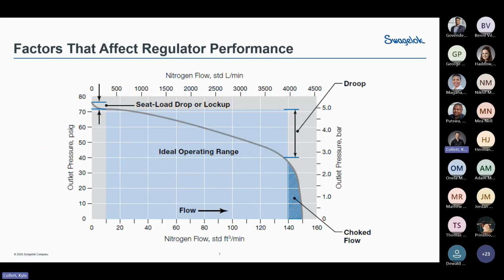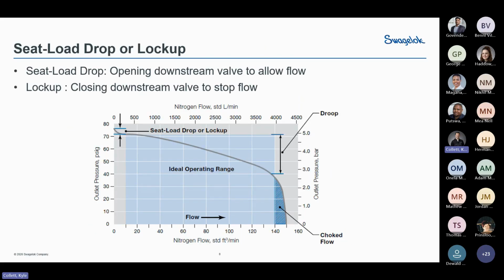All right, so let's take a look at factors that may affect regulator performance. We're going to be taking a look at 4 different factors in these next couple of slides, starting off with seat load drop and/or lockup. Seat load drop occurs when you open a valve downstream of the regulator to allow flow.